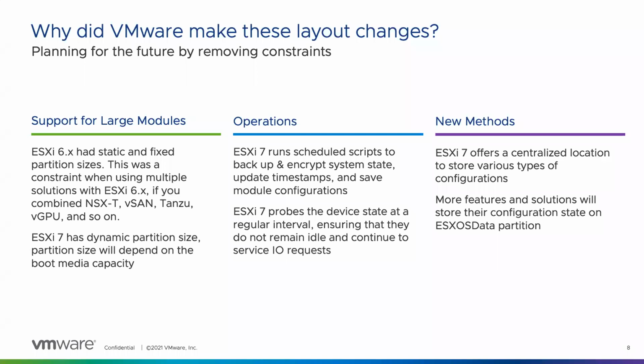The first is that there are new scheduled scripts introduced with ESXi 7, and these scripts are essentially backing up and encrypting the system state, and also updating the timestamp and saving some of the module configuration. Also, there is a new probe request that is being sent to all the storage devices available on the ESXi host. These probe requests essentially ensure that the device does not remain idle and continues to respond to service IO requests, right?